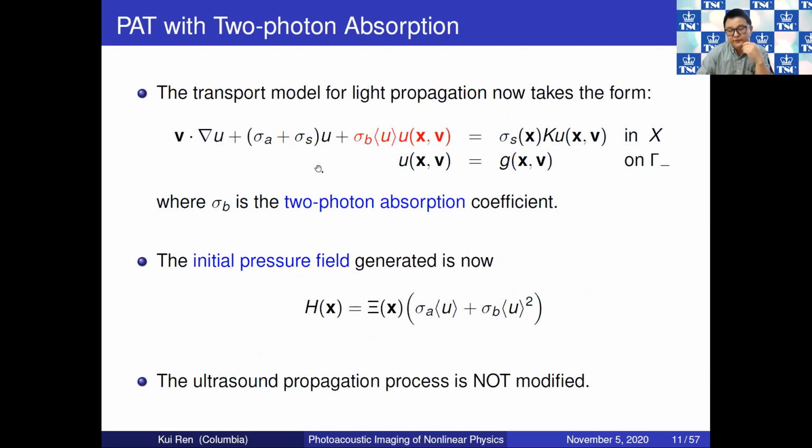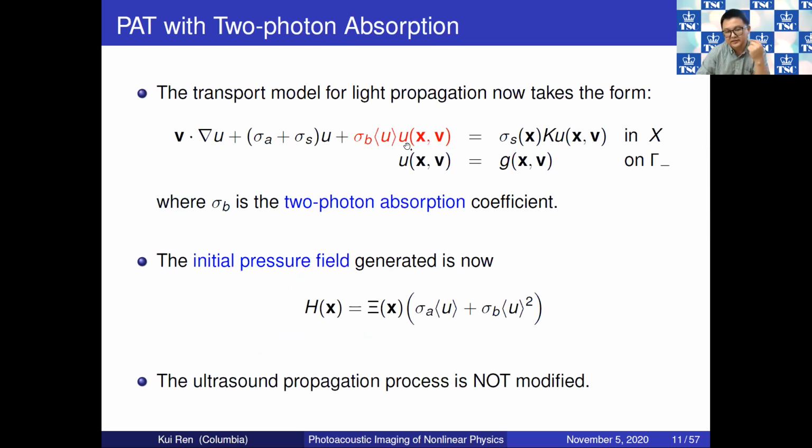So if you add this two-photon absorption, again, two-photon absorption is really the event where you absorb two photons simultaneously. Naively, if you have single photon absorption, the absorption is proportional to the absorption coefficient sigma_A times the density U, right?